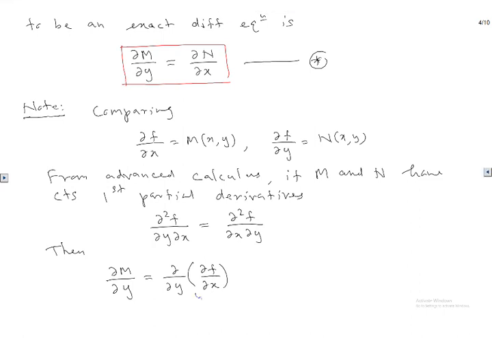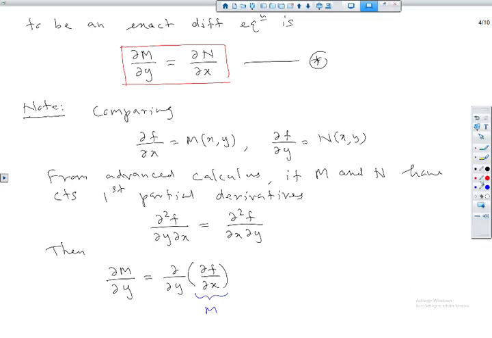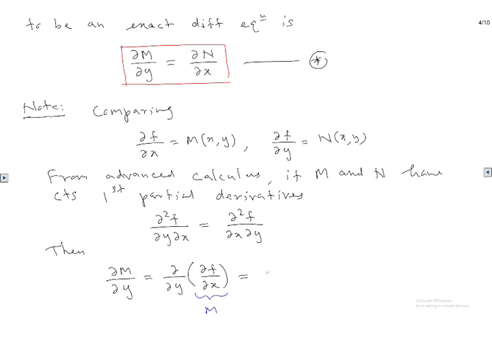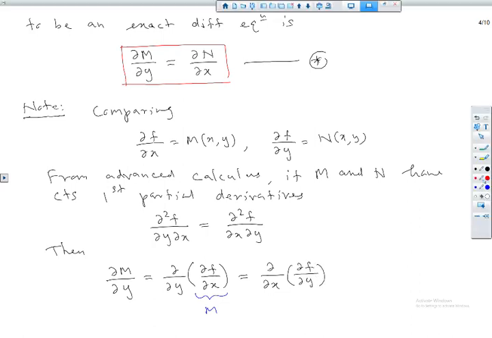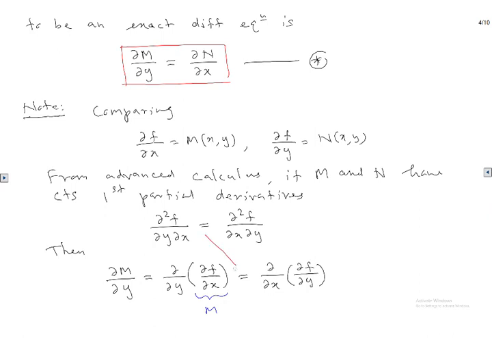That's the M function. It's exactly equal to, by the theory, because if you switch the order it's the same, ∂ over ∂x of ∂f over ∂y. So it's coming from here, because they are the same.